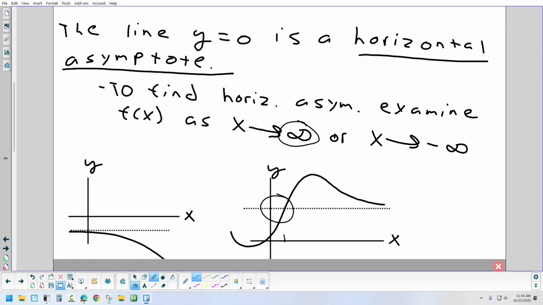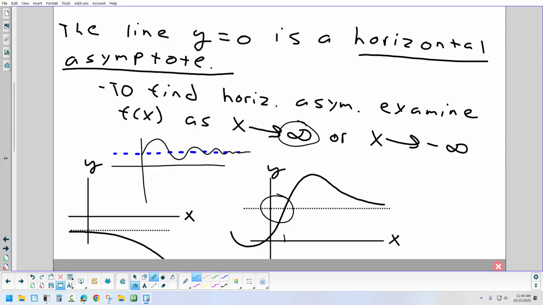Now, some people think, well, with an asymptote, you never cross it. Okay, here's an example where that's not true. Here's another example. Let's say that line was an asymptote, and I had a graph that did this. That blue dotted line is an asymptote. I'm crossing it infinitely many times.